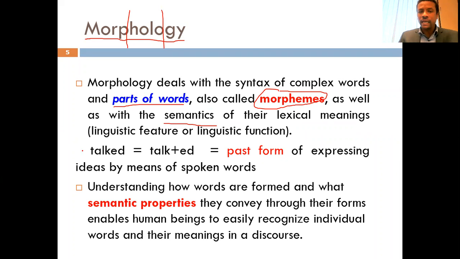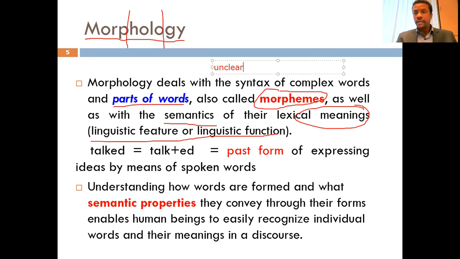As we said yesterday, that semantics might be a linguistic feature or a linguistic function, or it might have a lexical meaning, a meaning from the dictionary. So we have taken this very simple example, right? Yesterday, we said you can have the word unclear. This is a single English word, but it's not composed of a single element. It's not composed of an atomic element. It is composed of the morpheme un and the morpheme clear. So it has two morphemes.